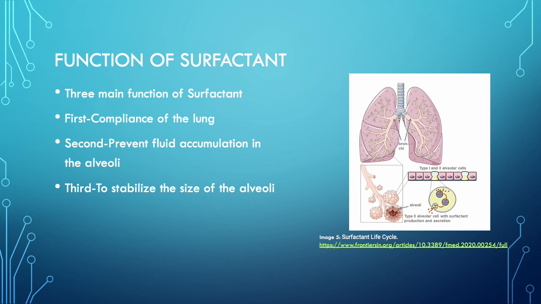As the surface tension of the fluid increases, pressure on the air in the alveoli would be equal. As the alveoli collapse during expiration, the density of surfactant increases, resulting in a decrease in the surface tension in both alveoli. As surfactant adjusts the surface tension, it stabilizes the size of the alveoli.